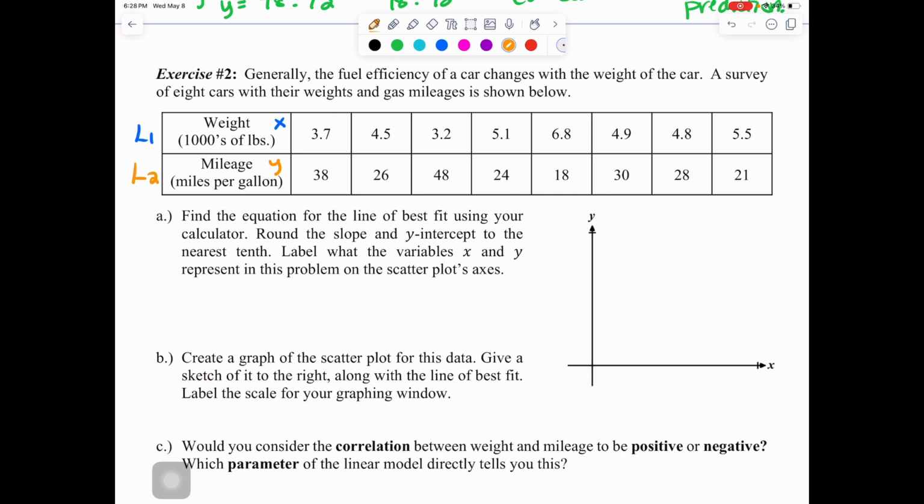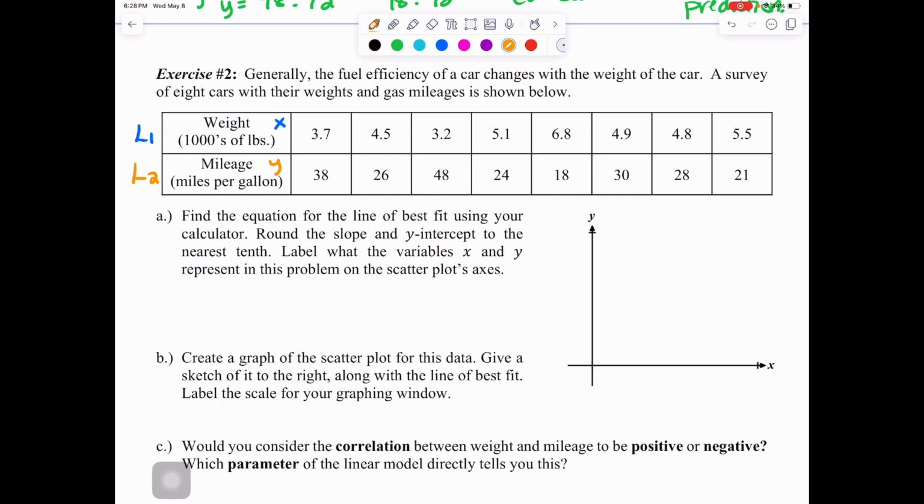So a quick reminder from our previous lesson, look at your data points. For example, the weight goes from 3.2 all the way to 5.5. So I would want to make sure my x-axis goes to 6.8. So I need to make sure I can at least get all the way up to 7. There's an ending marking on the x-axis and the y-axis.